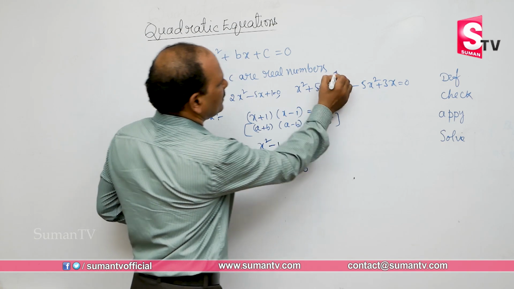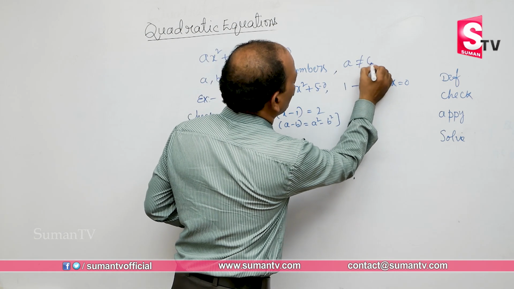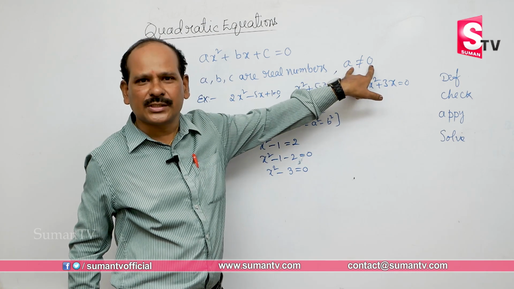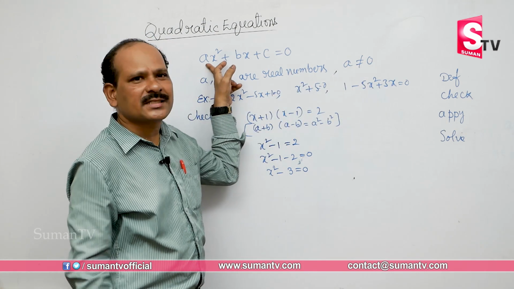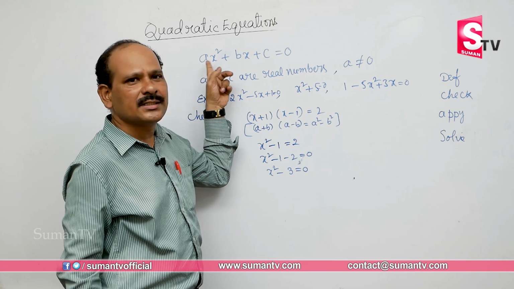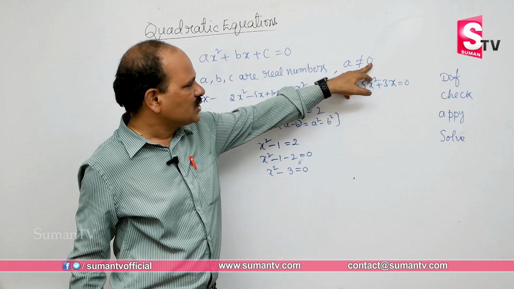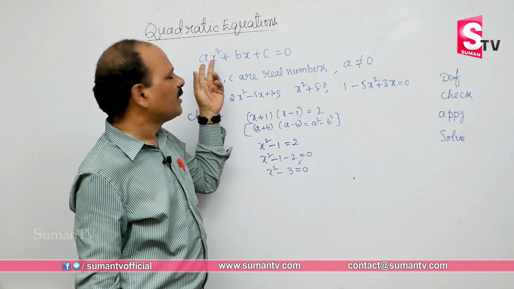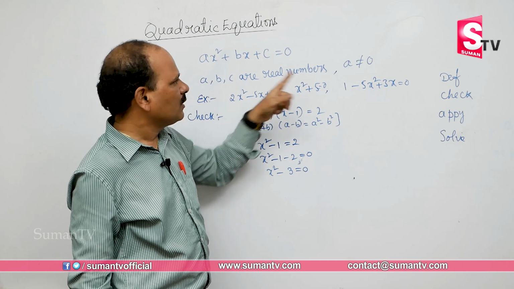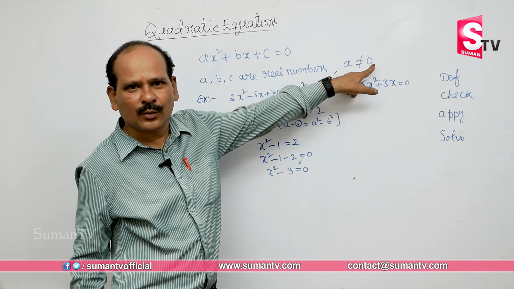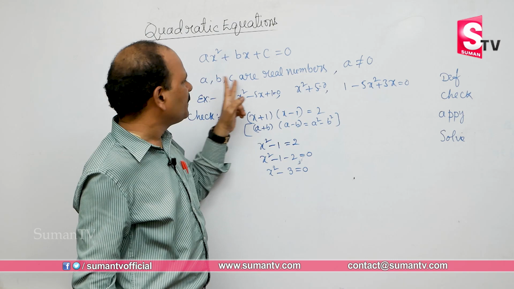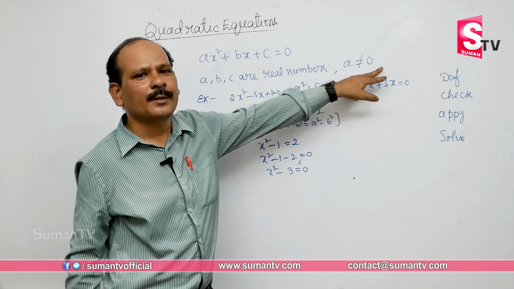Once again, one more condition: a should not be equal to 0. If a is equal to 0, the first term is completely cancelled, because 0 into anything is 0. The x square term will be cancelled, and then it will not come under quadratic equations. So ax square plus bx plus c is equal to 0, where a, b, c are real numbers and a is not equal to 0.